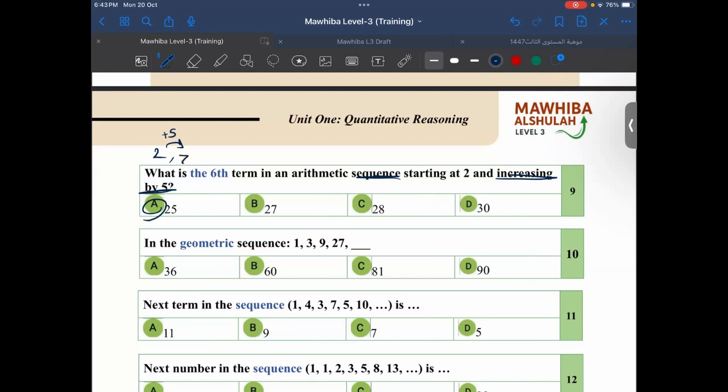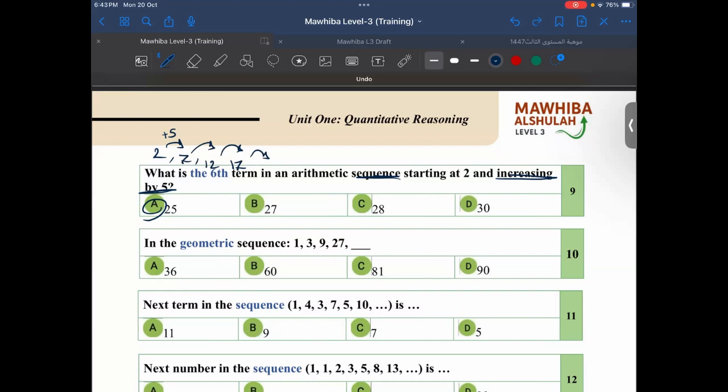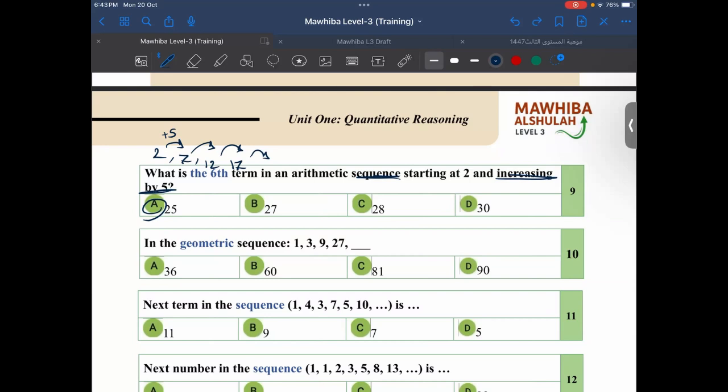So here it's going to be 7. After that, it's going to be 12. After that, it's going to be 17. And after it, it's going to be 22. Sorry, it's going to be 25.